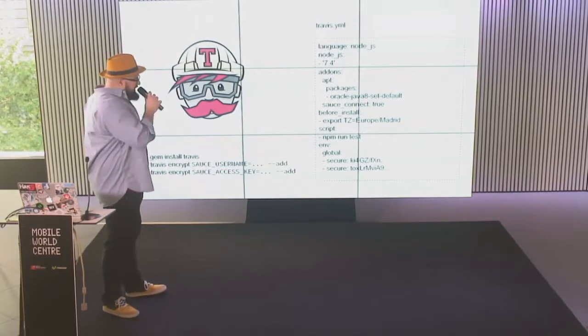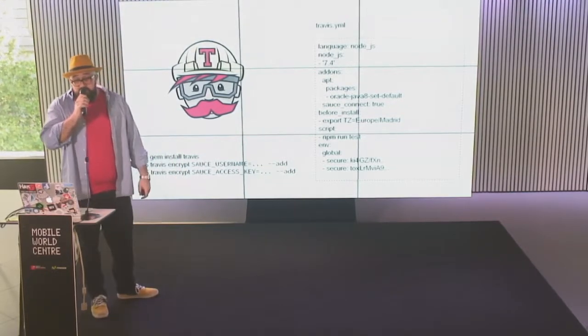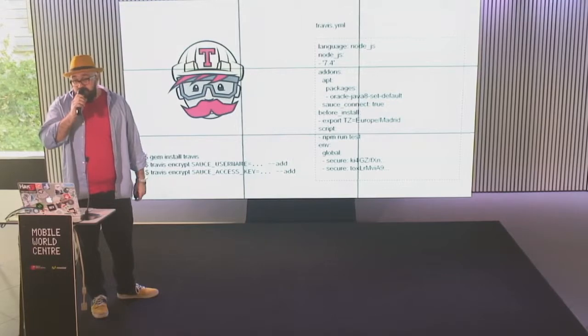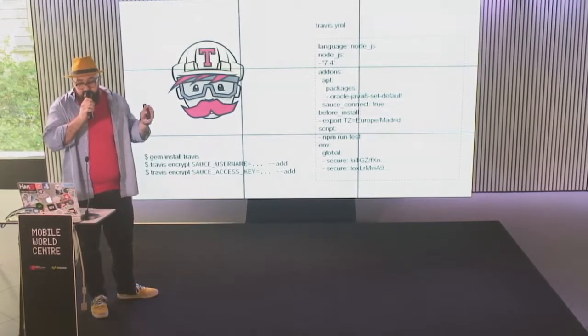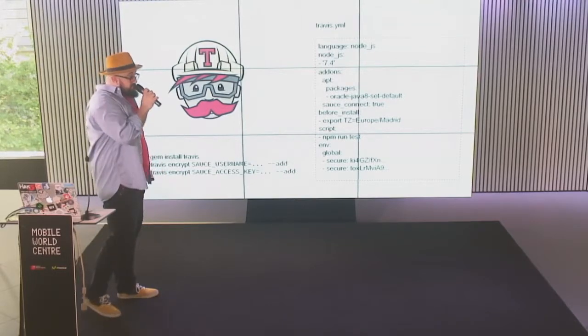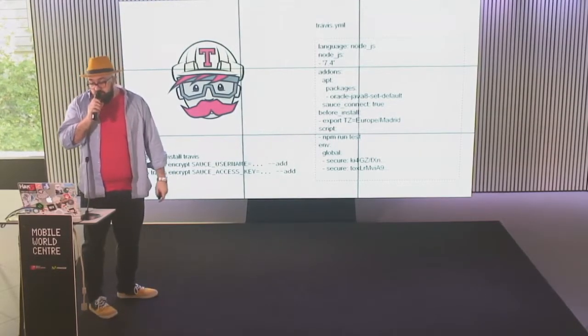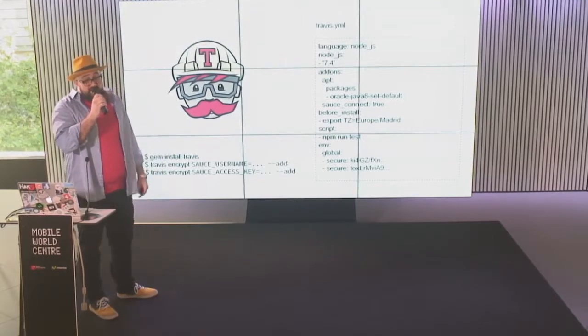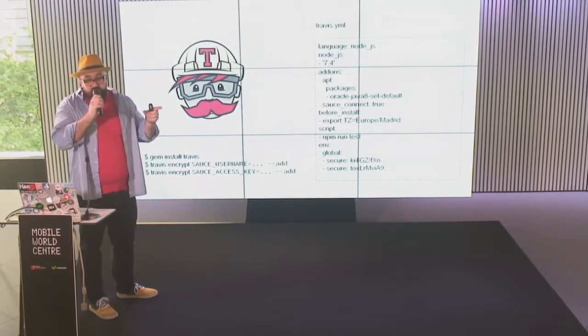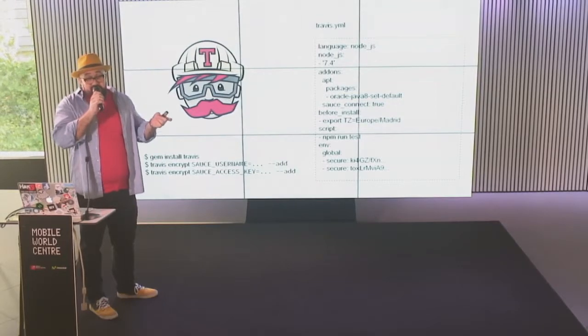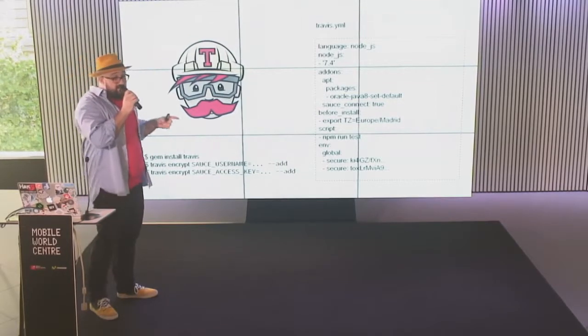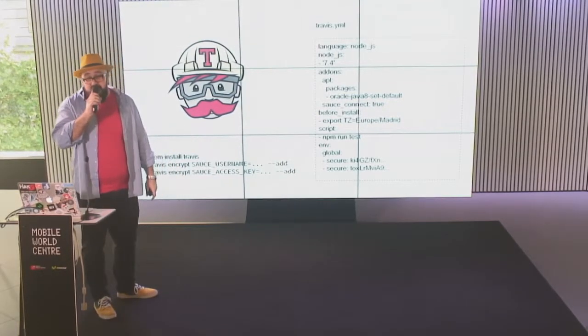I also need to set up the credentials that Travis uses to connect to Saucelabs. The way to do that is to install the Travis command line tools as a Ruby gem. With it, I can encrypt the credentials and store them as encrypted strings in the travis.yml file.